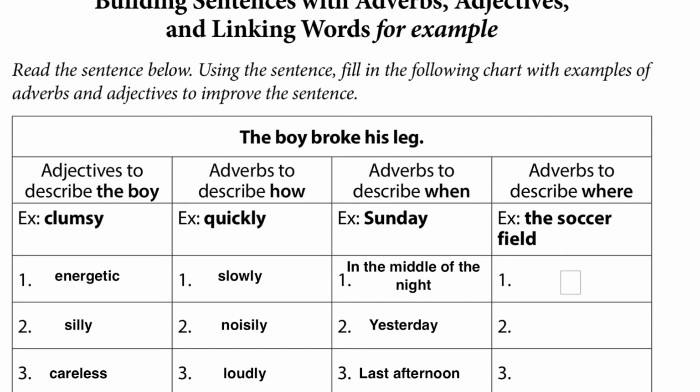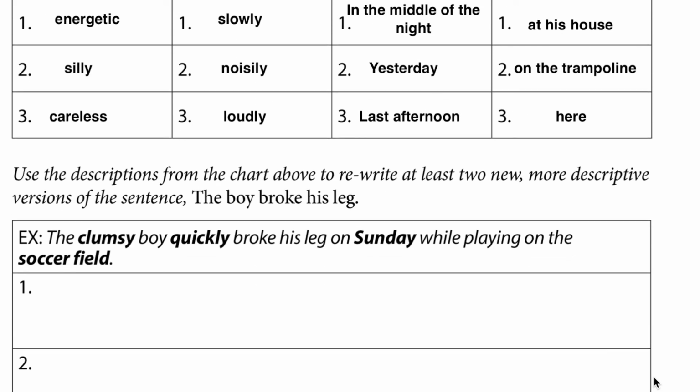So I'm going to think of more places he could have broken his leg. He broke his leg at his house. He broke his leg on the trampoline. Or we can just say he broke his leg here. Okay, these are all adverbs that describe where.